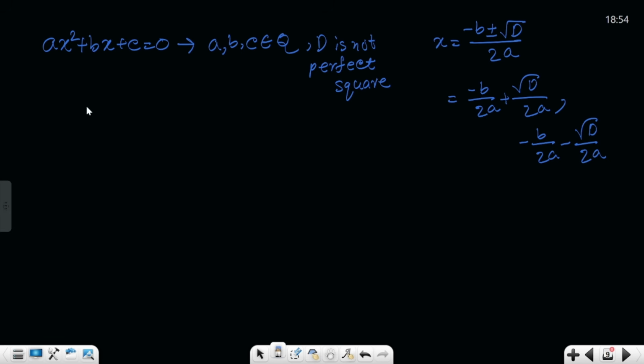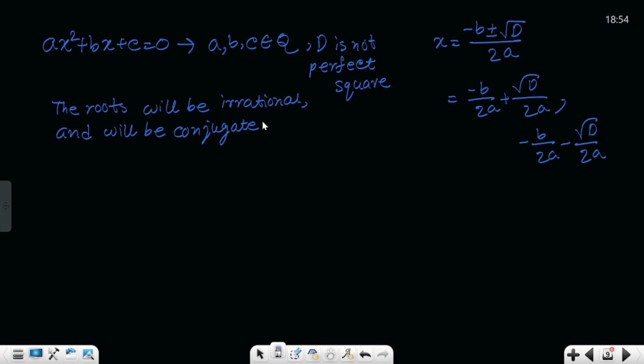Okay, so what can we write? The roots will be irrational and will be conjugate of each other.